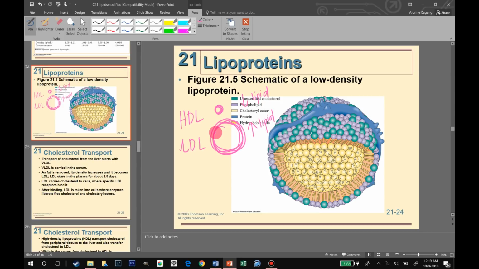Your LDL functions to deliver your lipids from your liver to your cells and tissue, and your HDL collects, the operative word there is collects, and scavenges excess, that's also an operative keyword there, excess cholesterol and lipids from your cells back to your liver.